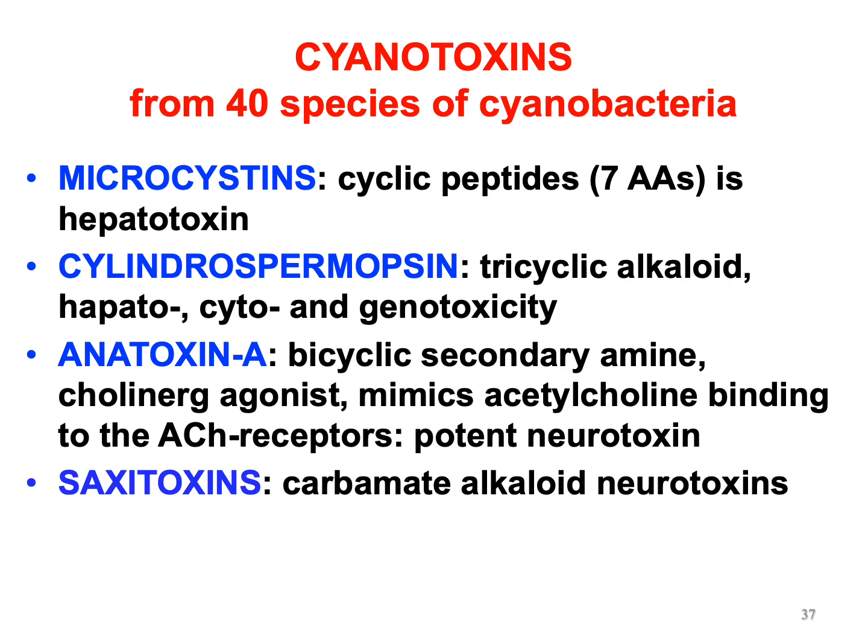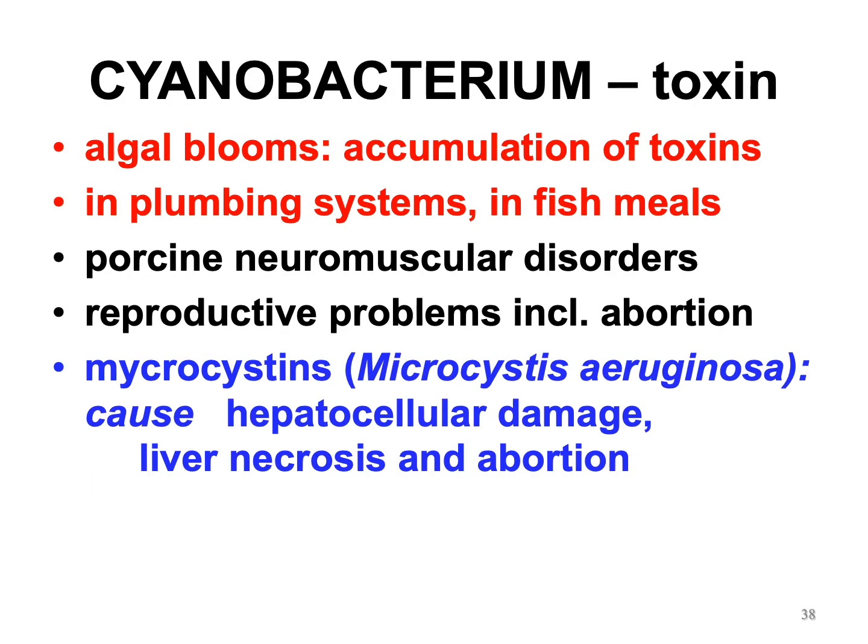The microcystins are cyclic peptides, the cylindrospermopsin, tricyclic alkaloids, the anatoxin A, which is a bicyclic secondary amine, cholinergic agonist, potent neurotoxin, and the saxitoxins, which are carbamate alkaloid neurotoxins. And what are they doing?